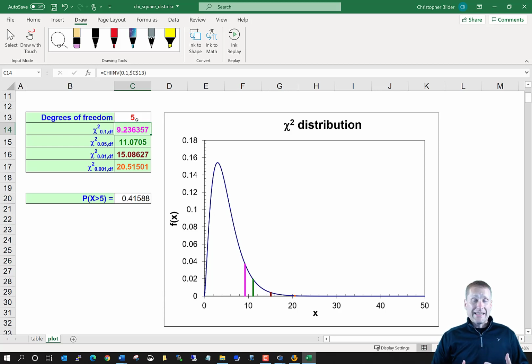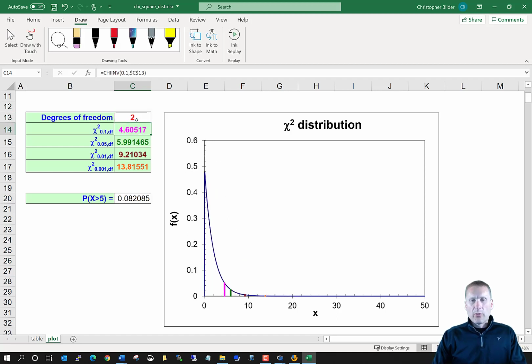Remember how the mean is equal to the degrees of freedom for a chi-square random variable? Well, if I go from a mean of 10 to a mean of 5, that leads to the center of the distribution, which is essentially what the mean is representing, moving to the left as well. And we could even keep on going to 2, and we can see we really get a right skewed distribution.